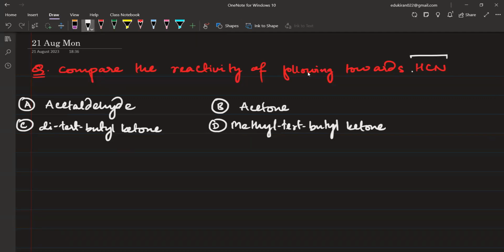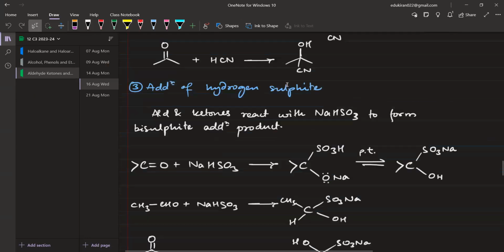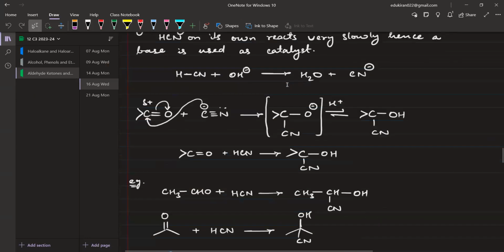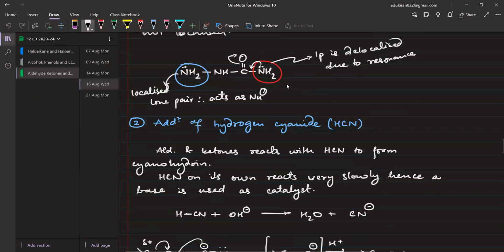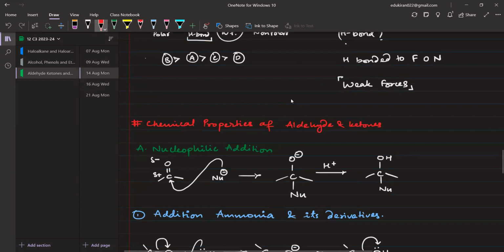You may not identify this, but HCN is a reaction which we have done in the last class. The addition of hydrogen cyanide was in the topic of nucleophilic addition.